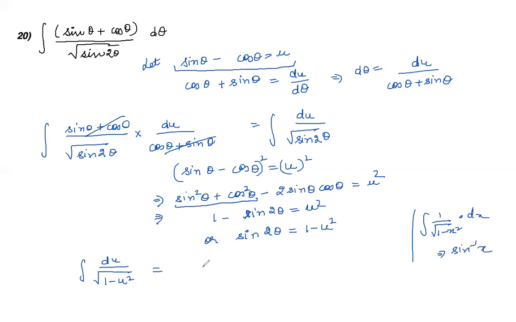So I'll apply the same formula here. It would give me sine inverse u plus c. Now I'll put the value of u. So it would be sine inverse. What is u? It is sine theta minus cos theta and plus c, the constant term. So this is the solution for question number 20.